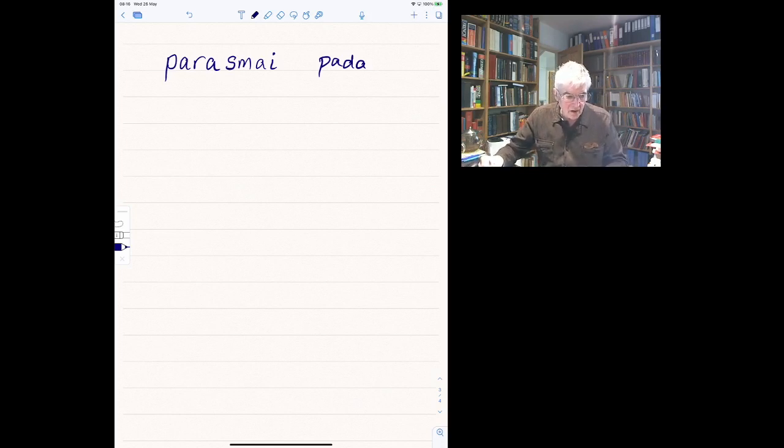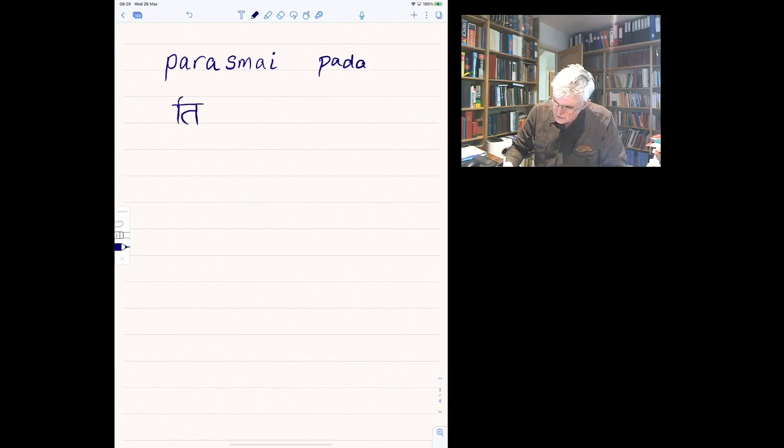So going across the first column, that's the third person singular, dual and plural. Right, third person singular ending is ti.